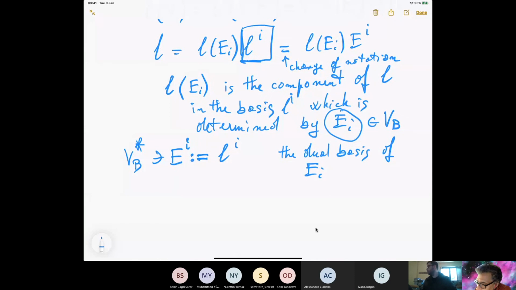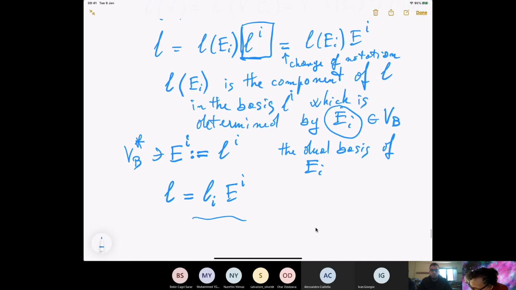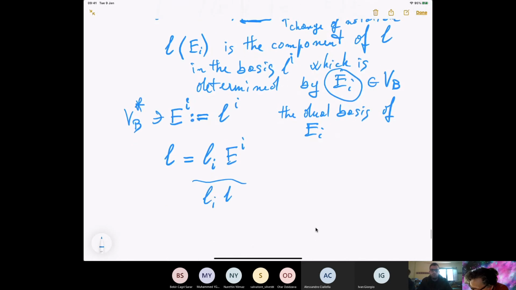So now you see the reason for which I need, in this moment, this change of notation. L, therefore, I can write with L_i = L(e_i), you know, to write the formula L_i, where this is a covector.